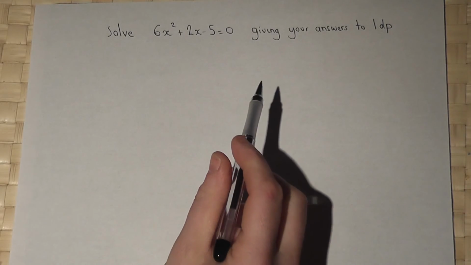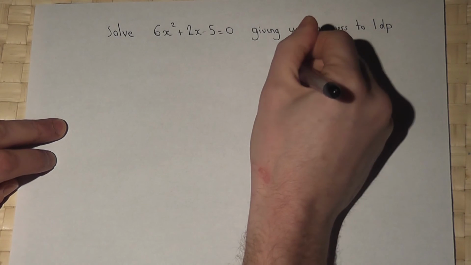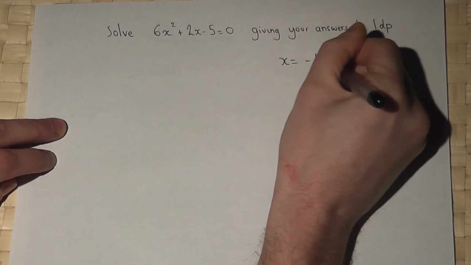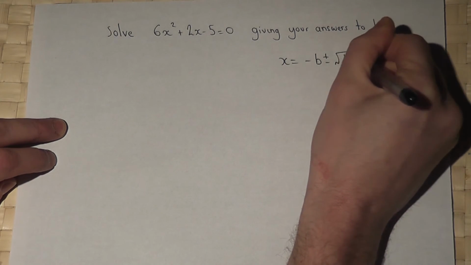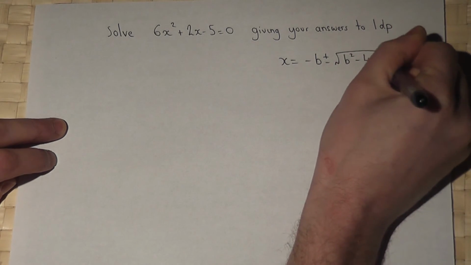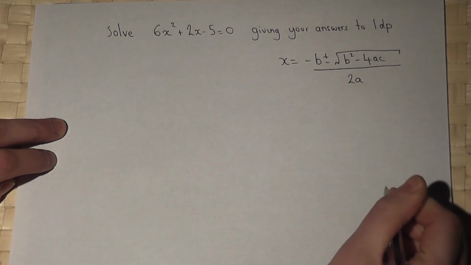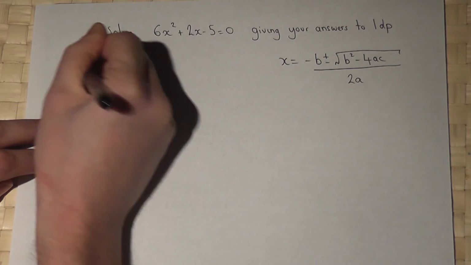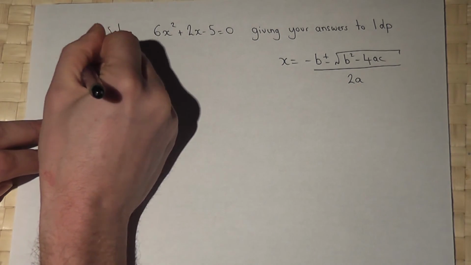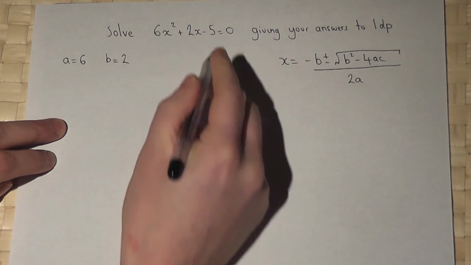To solve this quadratic equation, we will use the quadratic formula, which we know is minus b plus or minus the square root of b squared minus 4ac all over 2a. Now in our equation, a is the coefficient of x squared, so a is 6, b is the coefficient of x, and c is the constant.